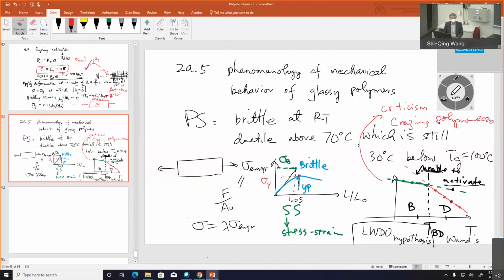Is it clear? I'm restating this idea, okay? So two competing things, whatever has lower stress should be the one that reveals itself.